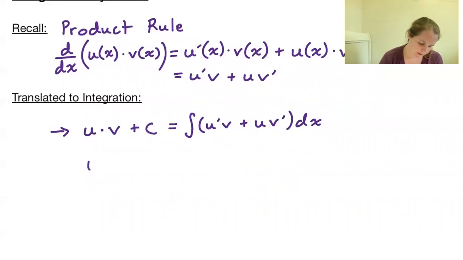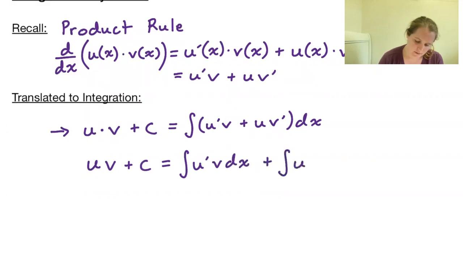And we can then split that up. So we have u times v plus c is equal to the integral of u prime v dx plus the integral of uv prime dx.